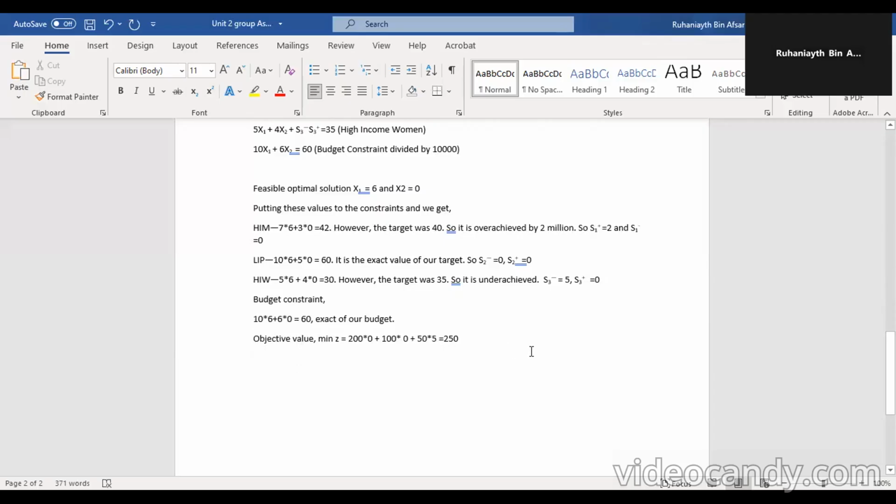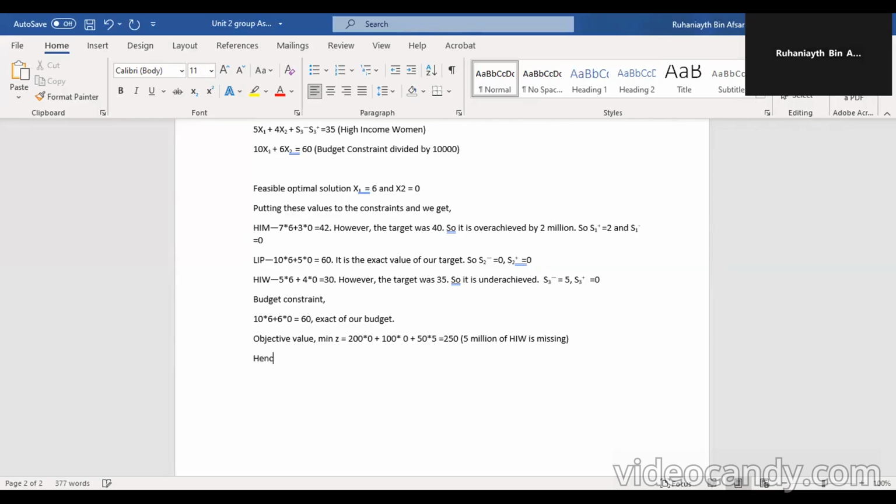So 5 million of the third constraint, high income women, is missing.